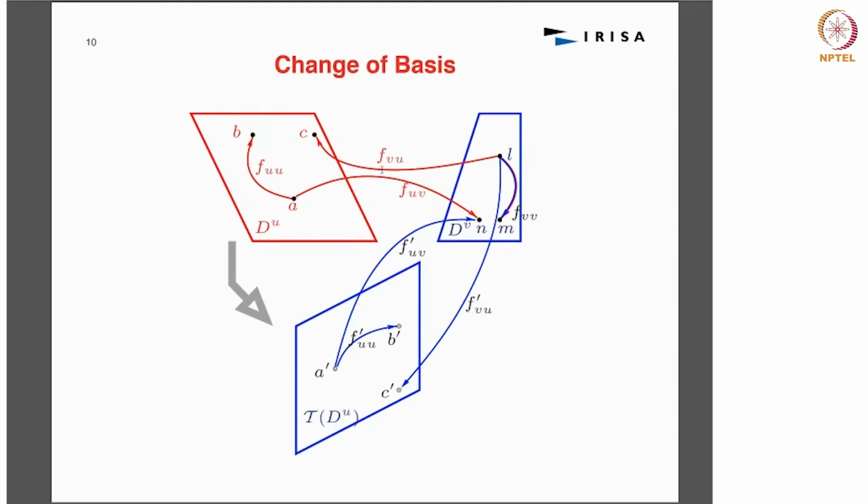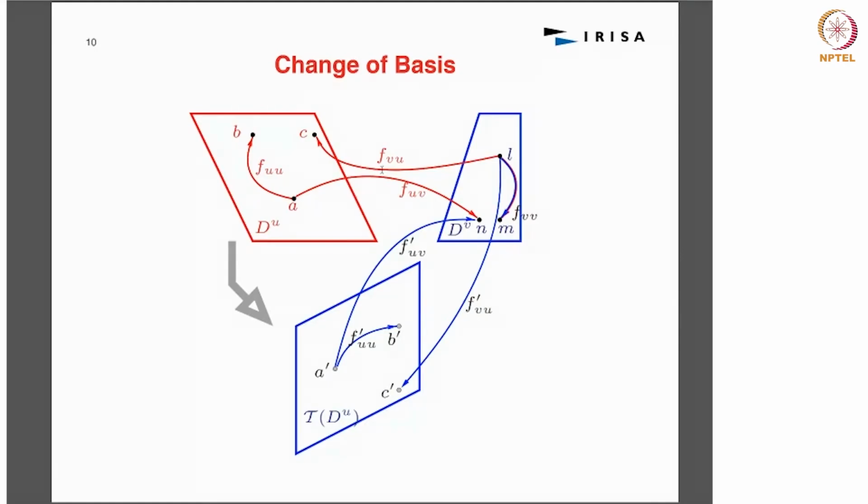What about the function FVU prime? I want to go from L to C prime, which is the image of C by the transformation T. Can I think of a simple rule by which I can go from L to C prime? Yes.